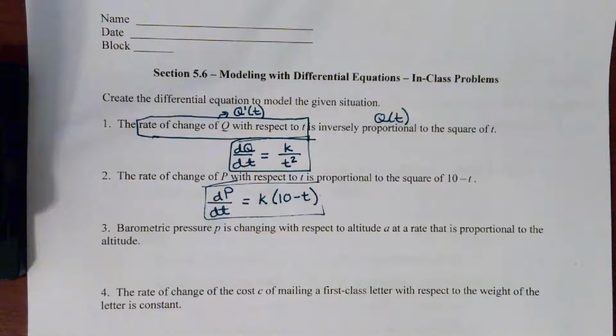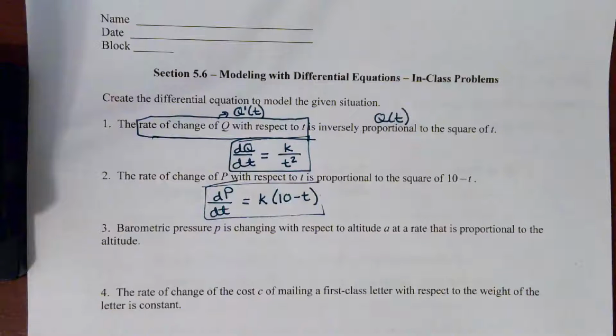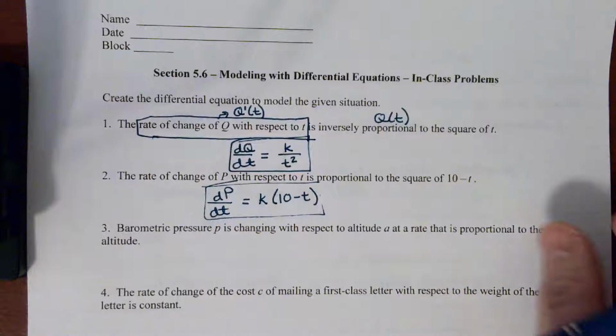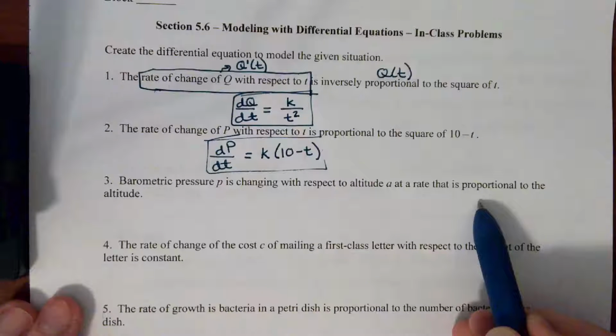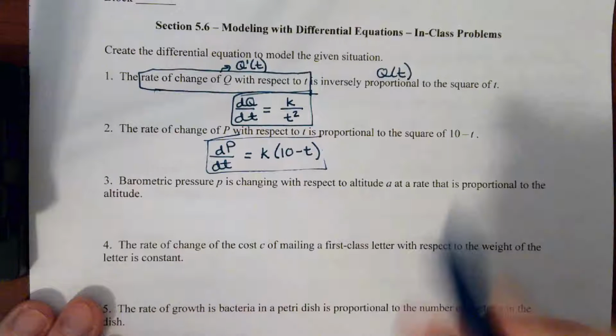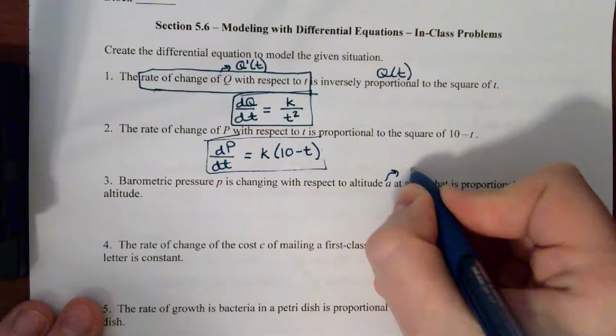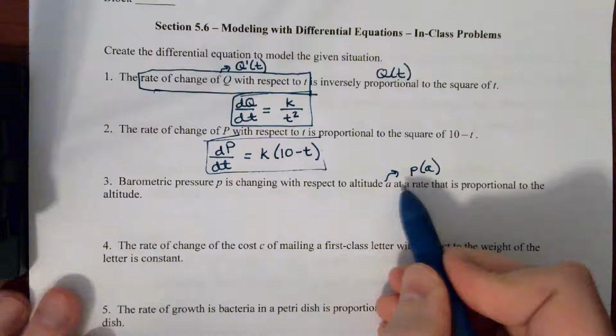Okay, so the equations we're going to look at aren't so much like 1 or 2, where I just give you things in terms of variables. They're going to be more like 3 through 6, where I give you some real-world ideas. Number 3, barometric pressure P is changing with respect to altitude A at a rate proportional to the altitude. So first of all, this is talking about the function P of A. You input an altitude, you get a pressure.